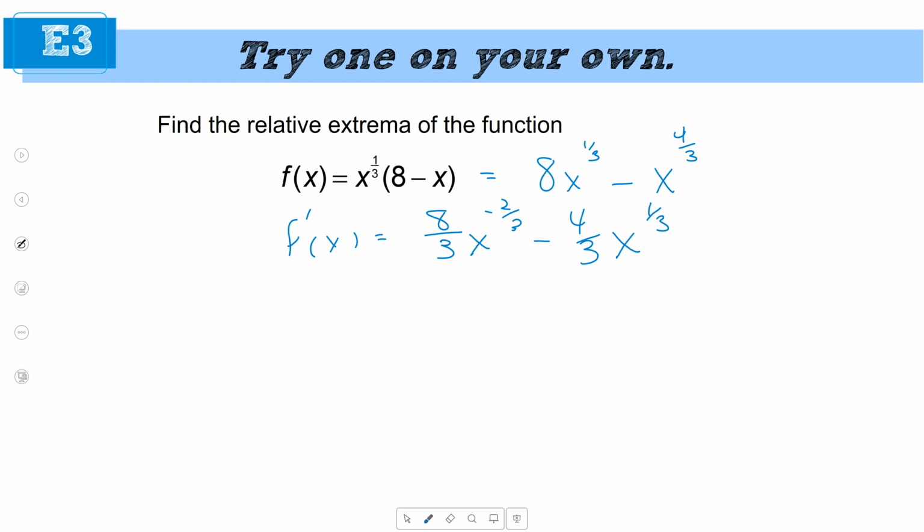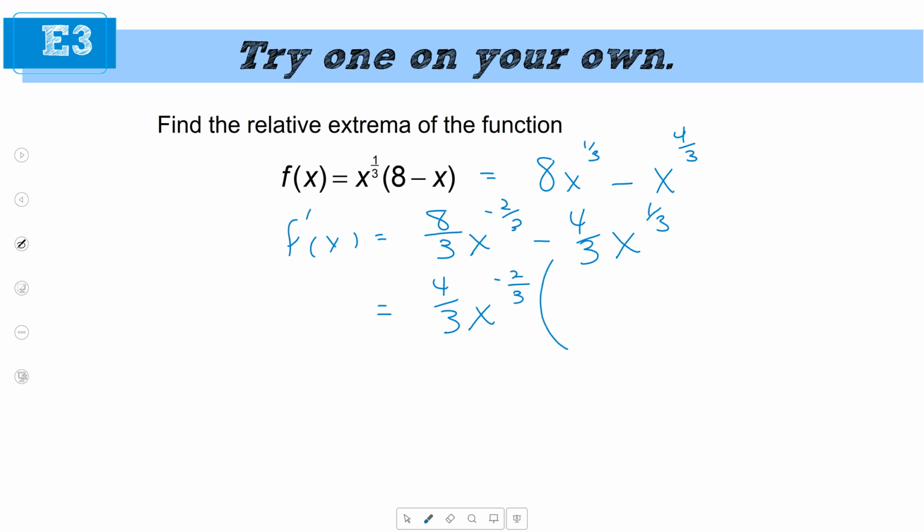So I have to factor out a common term here. I am going to factor out a 4/3 x to the, and you'll remember way back when we started simplifying functions, I made a point of giving you a rule. This is where that rule becomes important. What is the rule? Move the more negative exponent. So I'm going to factor out a negative 2/3.